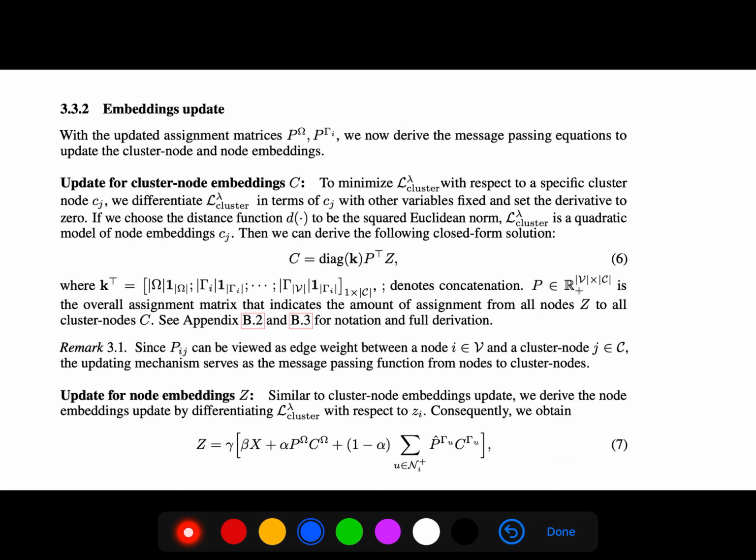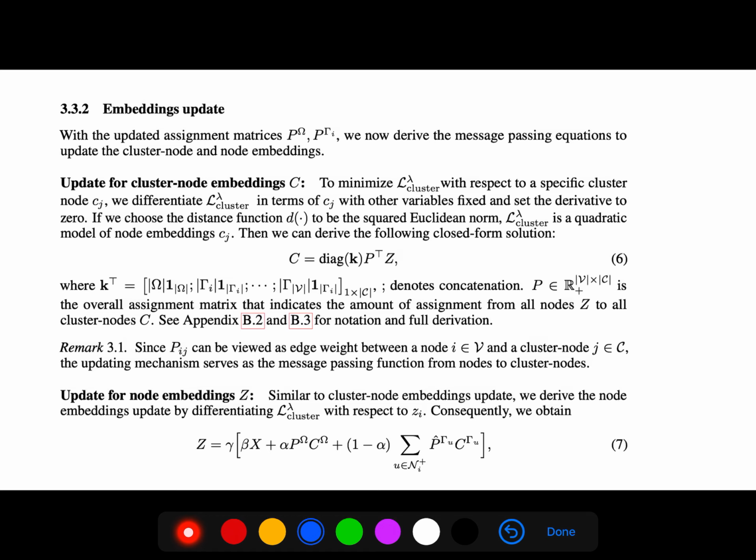So the big picture is this. We have the embedding update. We update the cluster node embeddings. To minimize the cluster loss with respect to a specific cluster node, we differentiate the cluster loss in terms of C sub j with other variables fixed and set the derivative to 0.